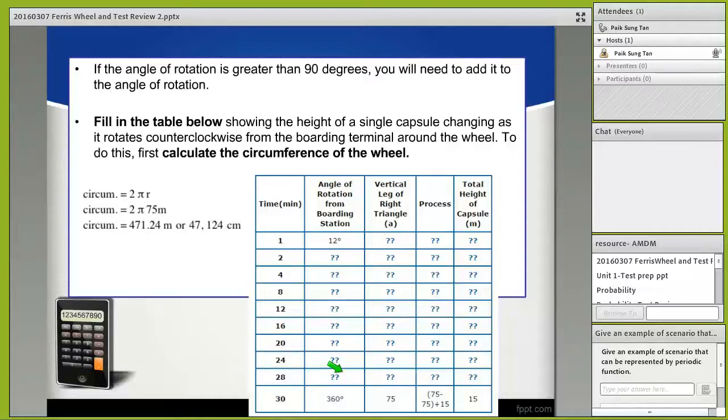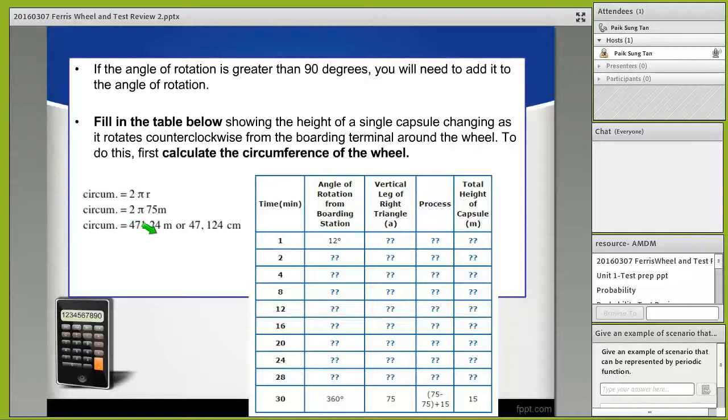View the table below showing the height. These are all from the content. It shows the height of a single capsule changing as it rotates counterclockwise from the boarding terminal around the wheel. To do this, first calculate the circumference of the wheel. The circumference formula is 2 pi r, and we know the radius is 75 because it's half of 150.